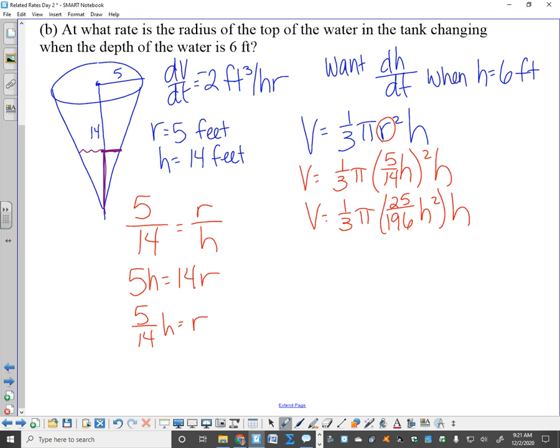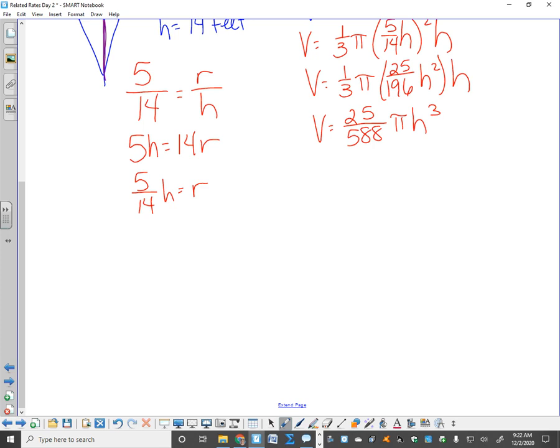And I'm going to keep cleaning. 196 times 3 is 588. Pi h cubed. Okay, I've done no calculus yet. I've done some proportional triangles and a volume formula and some algebra. That's it. Okay, so now I'm going to pull the trigger and take the derivative.